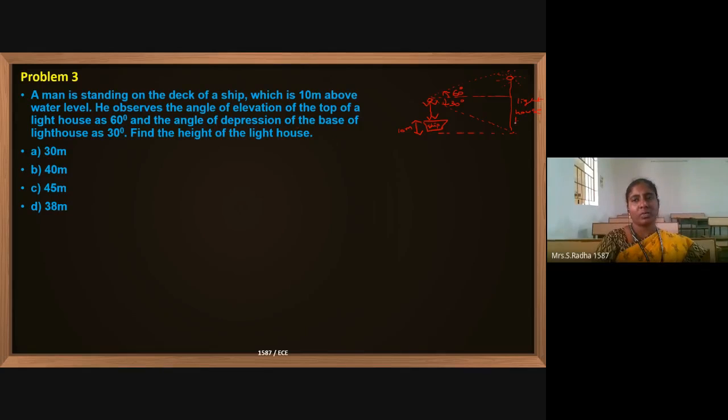I will assume h as the height of the lighthouse. Now, the man's height is not given; the man is standing 10 meters above the water level.